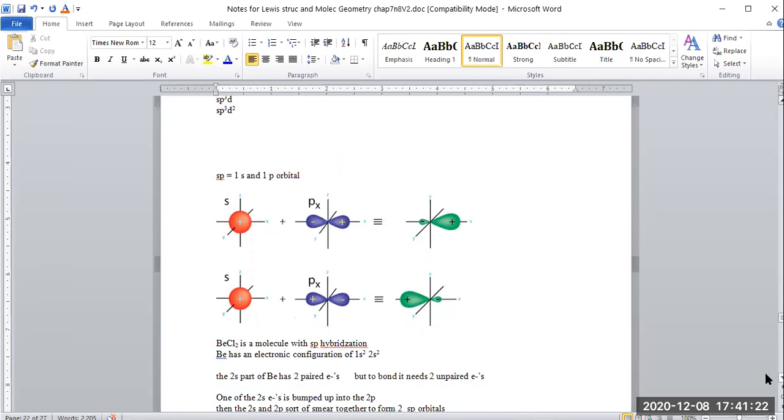So think back to one of the previous chapters when we looked at the s orbitals. They're a little ball, round, spherical. And the p orbitals are the ones that look like 2 teardrops joined at the tip. Well, what if you blend them together? You mix an s with a p, and you end up with 2 orbitals that are equal and opposite.